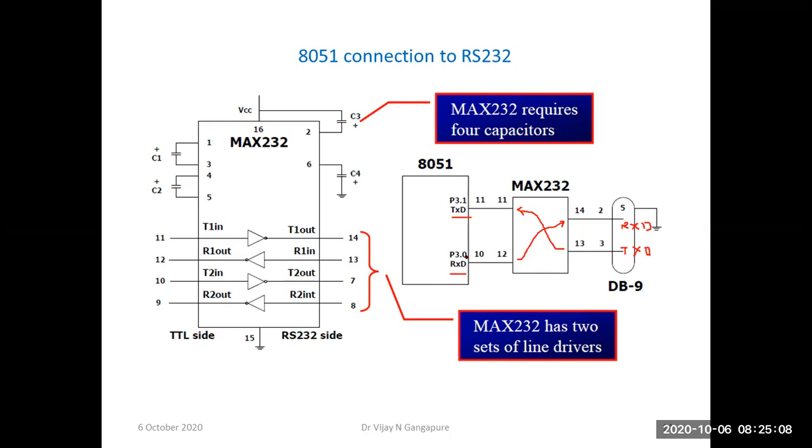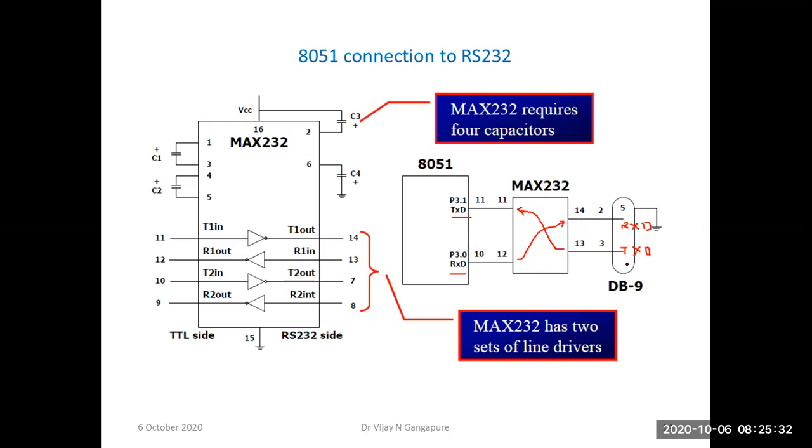Now here, when data is received by this MAX232 via pin 12, which is connected to the RxD pin of 8051, it will convert the logic level. The logic levels available here are TTL, and it will convert them to RS232 and put that signal on pin number 14.